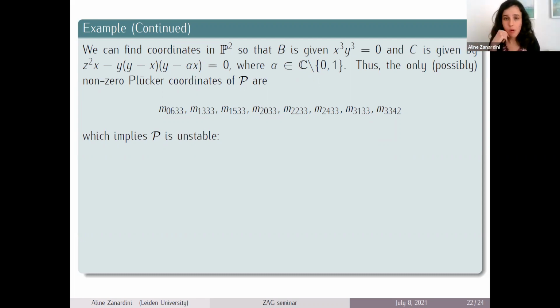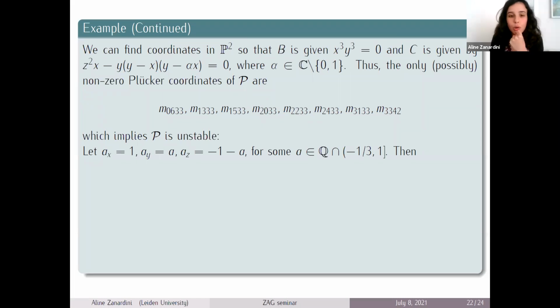So it has this form that I wrote here. And because of that, almost all coordinates are going to vanish. And in fact, the only non-zero ones are the ones that I listed here. And so we have 8, I think. And this is going to make our pencil be unstable.